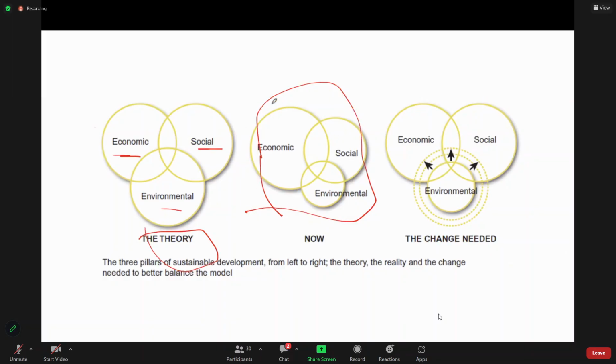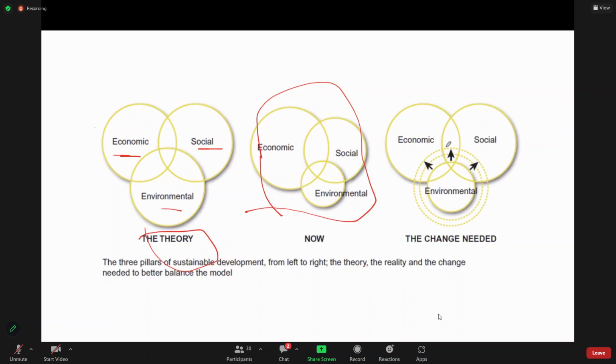in practice, usually what happens is this. Highest priority is given to economic aspects. Maybe then you give some attention to social aspects, and the environment ends up being the least prioritized.